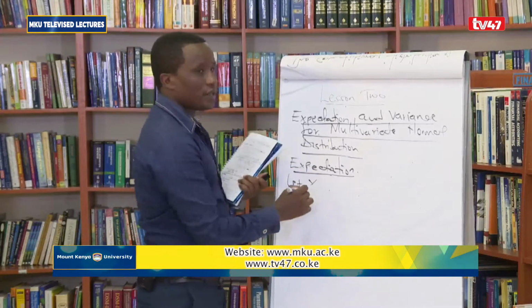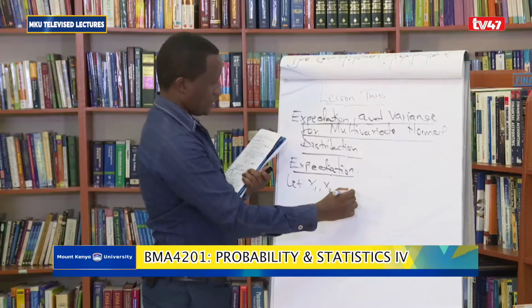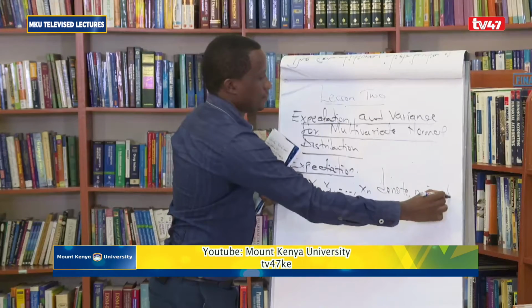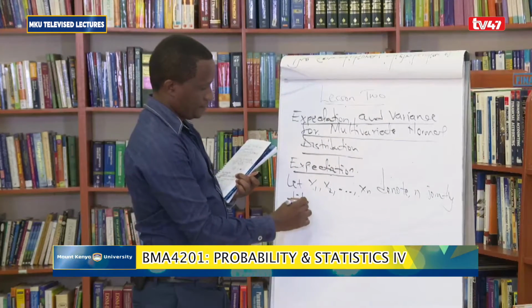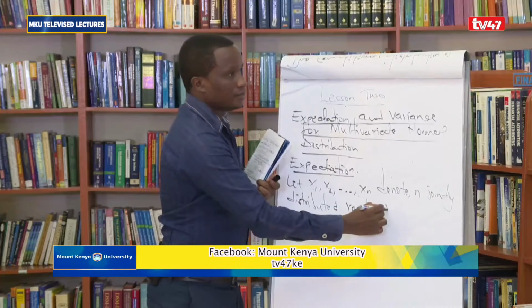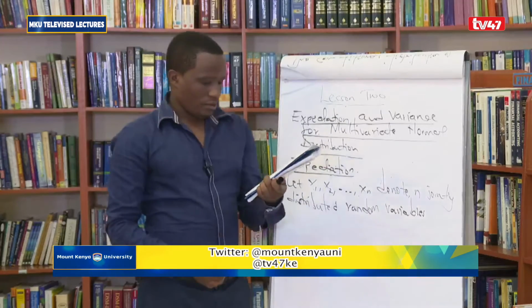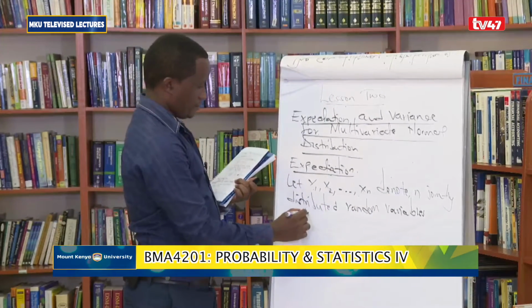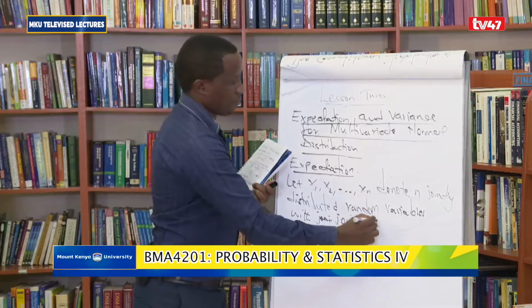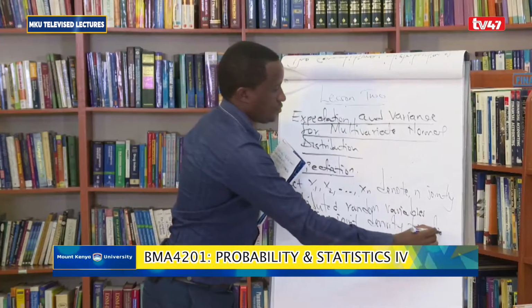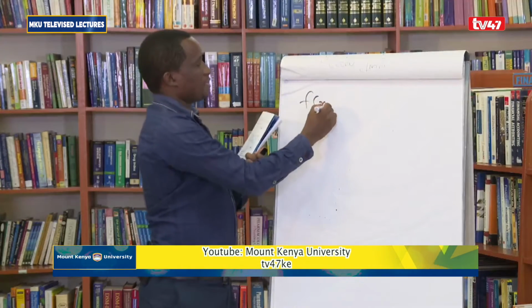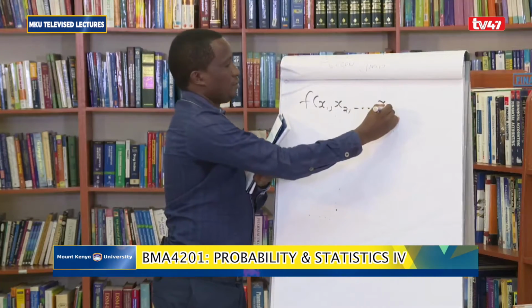Let x1, x2, all the way to xn denote n jointly distributed random variables with the joint density function f of x1, x2, all the way to xn.